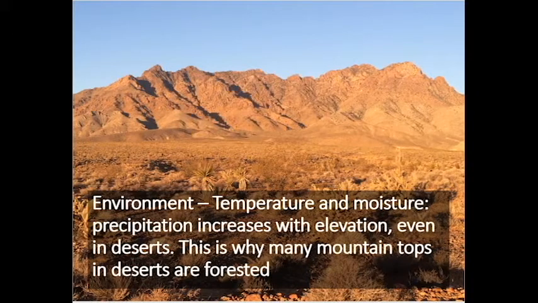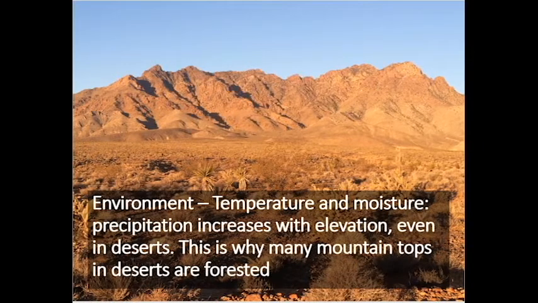What happens here, and this happens with all mountain ranges, is that the physical object of the mountain forces air masses up into the atmosphere. The upper atmosphere is cooler, and that causes moisture in those air masses to condense and fall out of it.